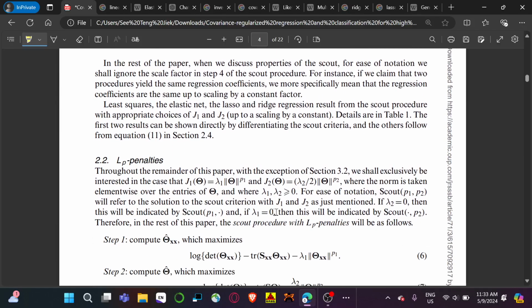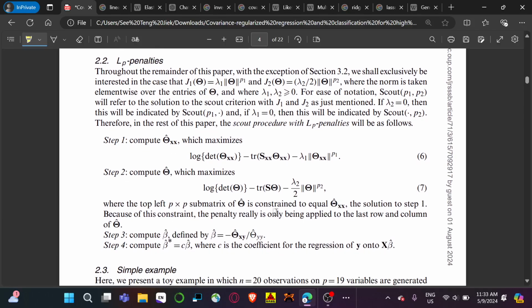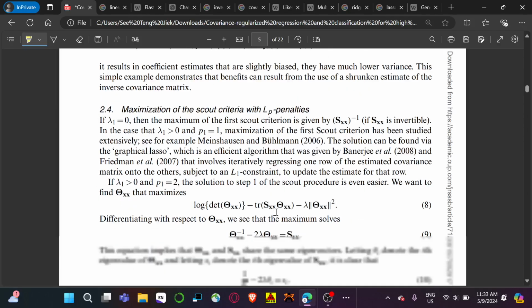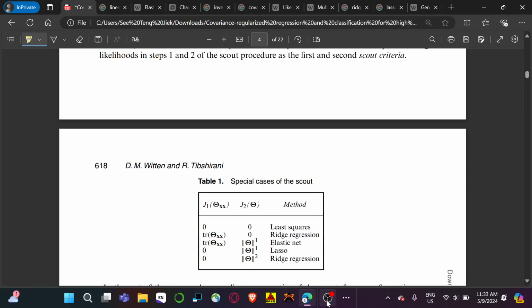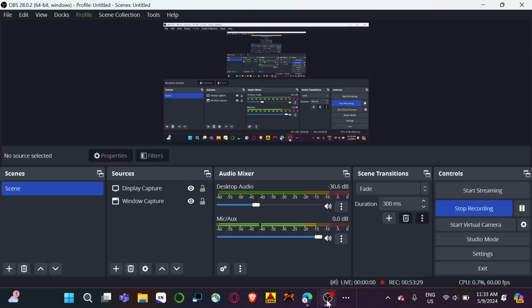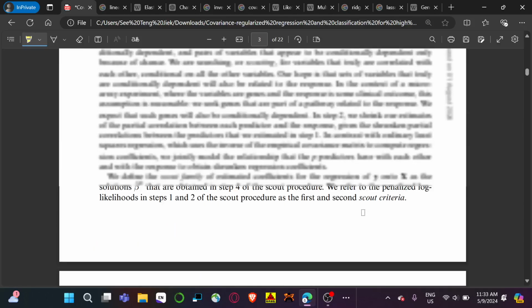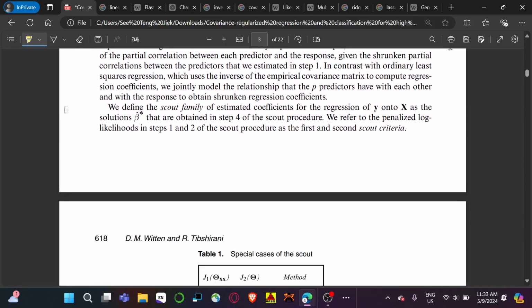As you can see, there's a lot more detail. If I look at how much time I've spent, it's almost an hour. But let's go through the final paragraph together. We define the scout family of estimated coefficients for the regression of y onto x as the solutions beta hat star that are obtained in step 4 in the scout procedure.